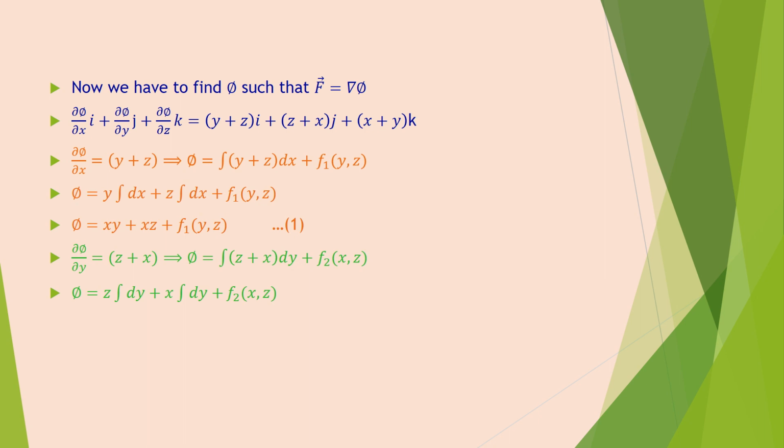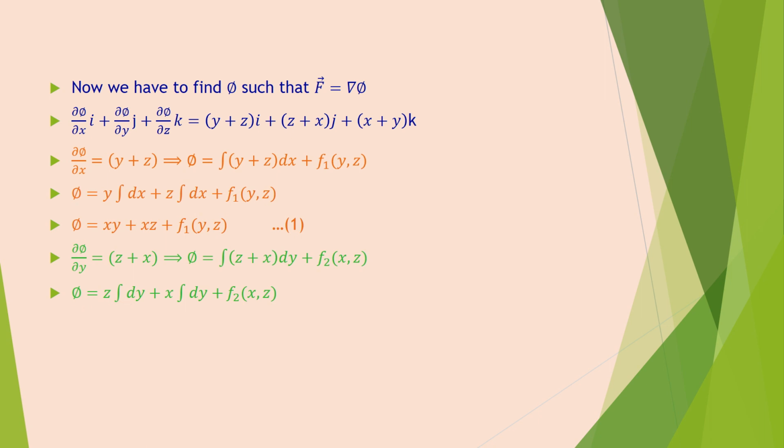Plus, since here we are integrating with respect to y, all other variables we have to treat as constants. So the constant term of this indefinite integral, instead of c, we write as a function of x, z. Y is the variable here, so the rest of the variables, x and z, go into the function. Since we already used the notation f1, here I use f2 of x, z. So φ equals z into the integral of dy.